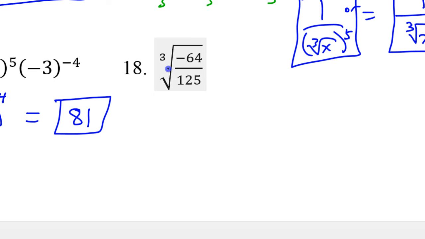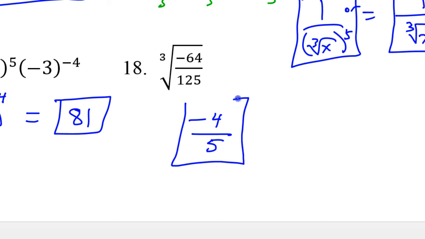You can't do like fourth root or sixth root. But this one we can do. So it'll just be a negative answer is all. The cube root of negative 64 is negative 4. The cube root of 125 is 5. So it'll just be negative 4 over 5. Okay, any questions on number 18?